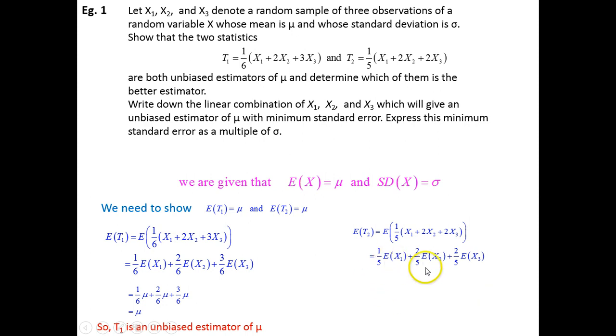Each expectation is mu. So we have 1/5 of mu, 2/5 of mu, and 2/5 of mu, giving us 5/5 of mu, which is mu. Therefore, T2 is an unbiased estimator of mu.